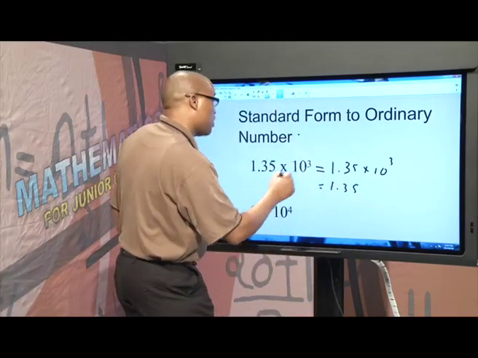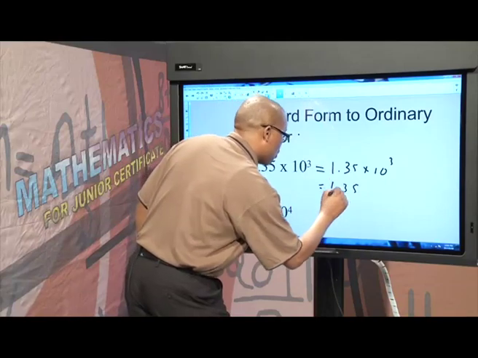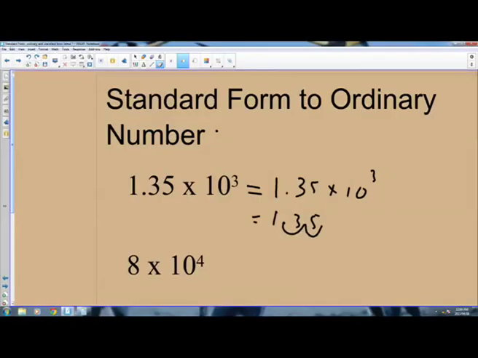And then upon moving the point to the right, it will be 1, 2, 3 here. Now, this gives us 1350, because this simply says we have to have a 0 here. So upon changing 1.35 times 10 to the power 3 into ordinary number, we get 1350. This is how we change a number from standard form into ordinary number.